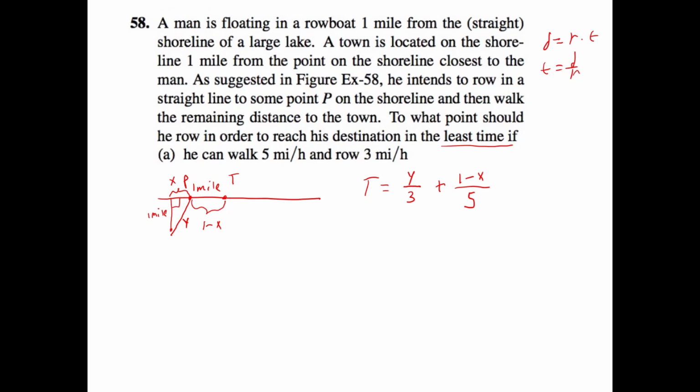But you have a nice right triangle there where you can see that x squared plus 1 has to equal y squared. And so then y is equal to x squared plus 1 to the 1/2 power.